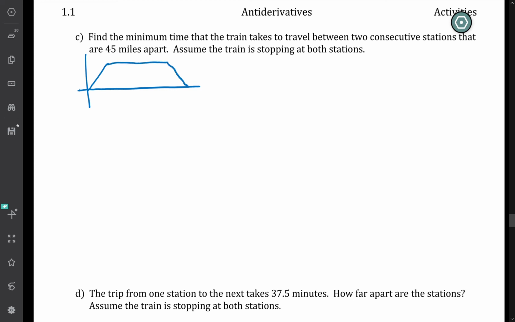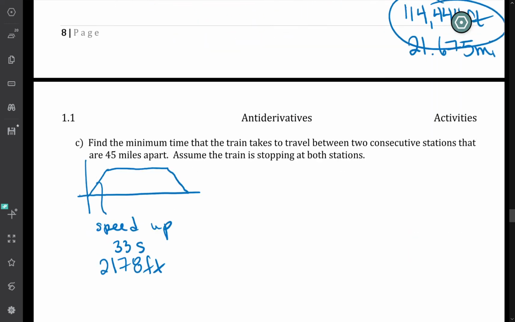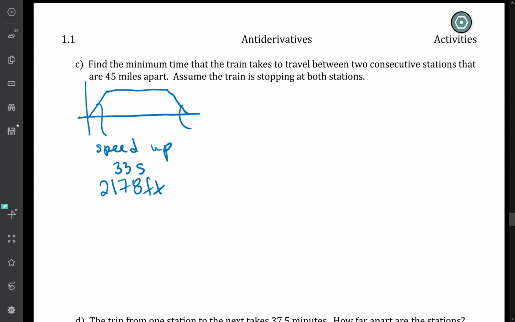We need to speed up, which takes 33 seconds and covers 2,178 feet. I'm going to trust myself not to put digits. 2,178, yep. And we need to slow down, which takes 33 seconds and covers 2,178 feet.